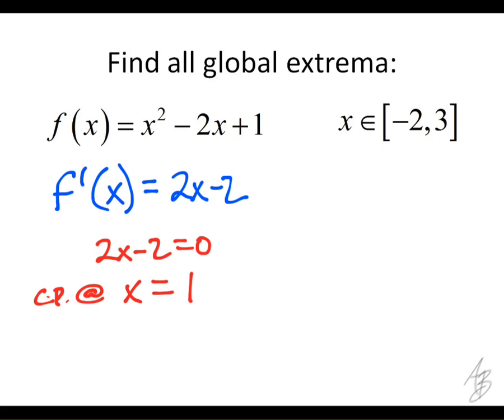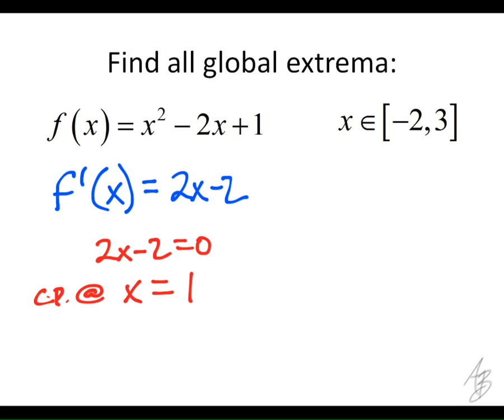Now why is that useful? Because that is a possible extrema. We don't know if it's going to be a local minimum, local maximum, or it might not be anything. It's possible that it's not an extreme value in any way.